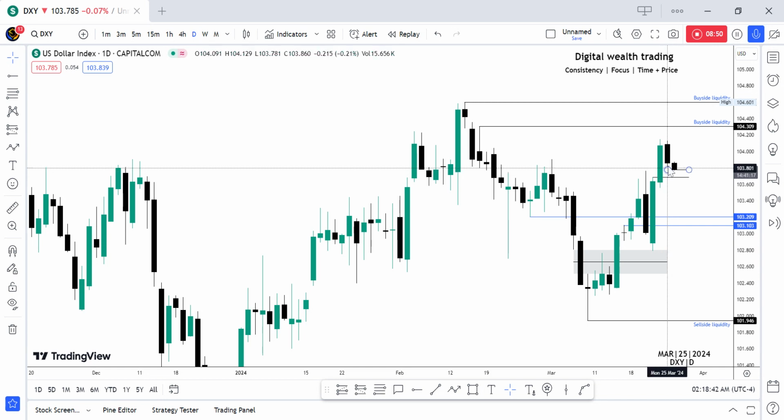We can also see on the dollar index that we have this fair value gap and we have this up-down close candle, which is a bullish order block inside that area. I don't want to clutter my chart with some form of lines.